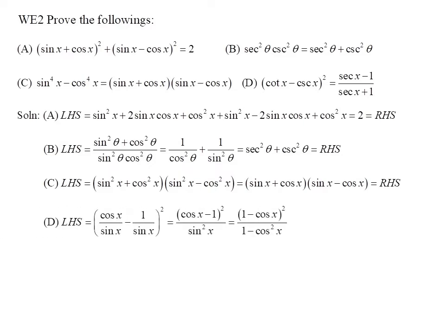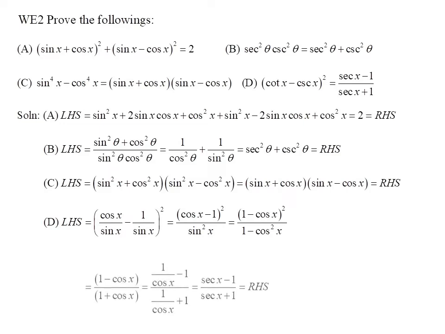As for the last question, the expression on the left side is initially transformed using quotient and reciprocal identities. After combining them into one fraction, it becomes (cosine x minus 1) squared over sine squared x, which is further arranged to (1 minus cosine x) squared over 1 minus cosine squared x.